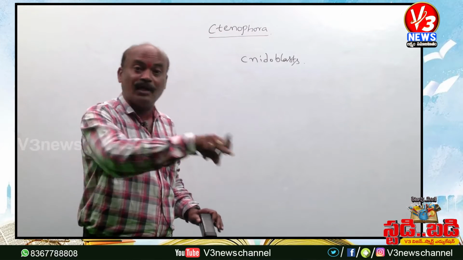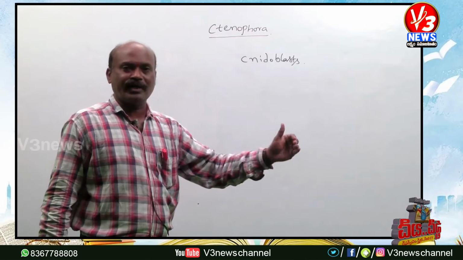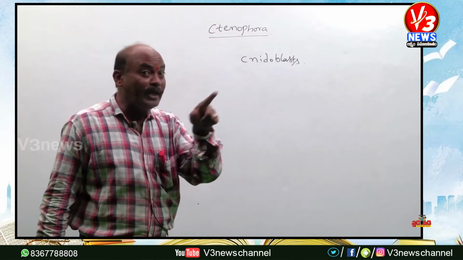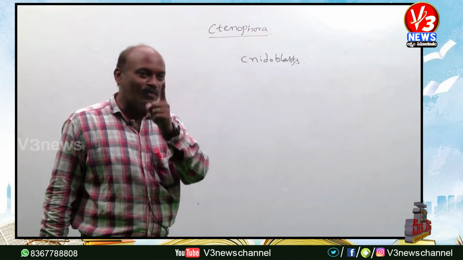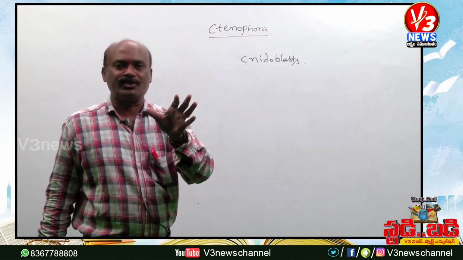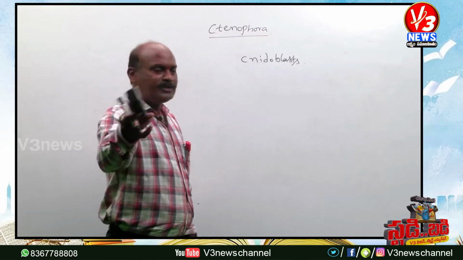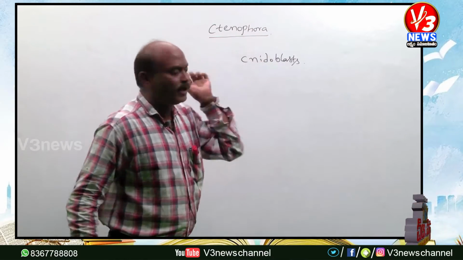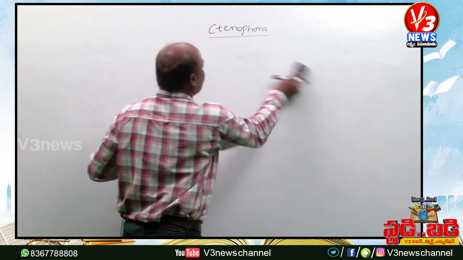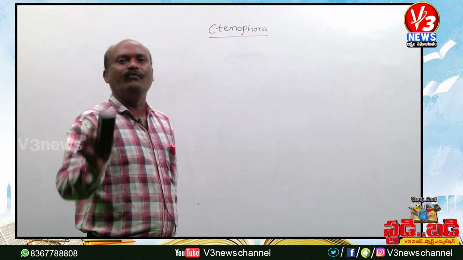One more minor phylum is in the track of Arthropoda, that is Onychophora. Onychophora is also an invertebrate minor phylum. So today we are going to take the minor phylum Ctenophora. Ctenophores are the coelenterates without cnidoblast cells.